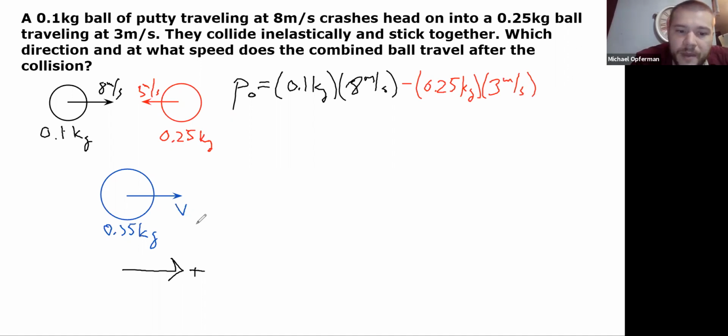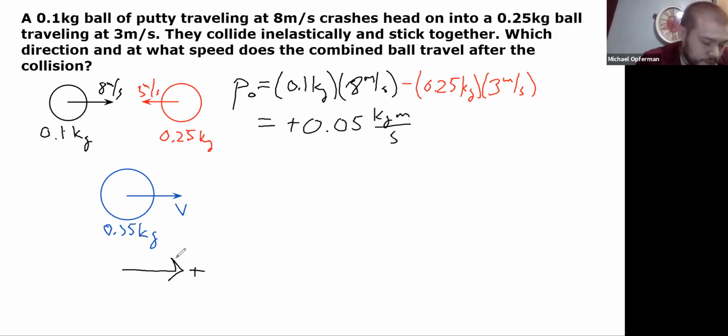And that's all just numerical, so I can crunch those numbers and get an actual number for the initial momentum. So it's going to be 0.8 minus 0.75. So that's going to be positive 0.05 kilogram meters per second, which again is the SI unit for momentum.